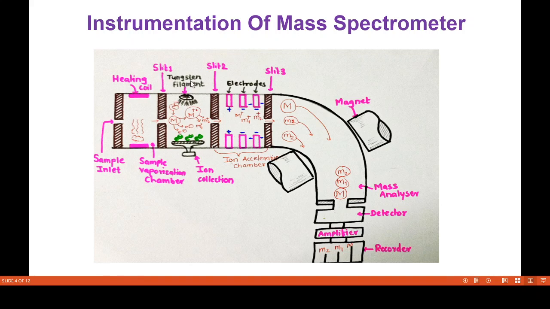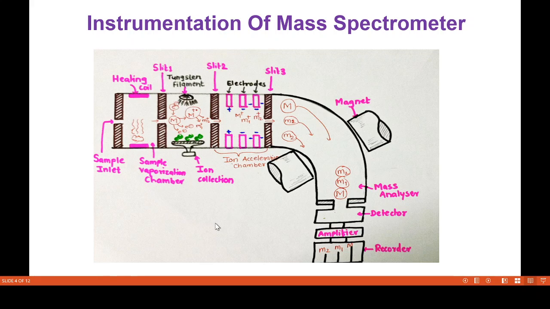Here the tungsten filament lamp is there. The next chamber is the ion acceleration chamber. In that, different electrodes are present. Then the next is the mass analyzer. These are the magnets. Then this one is the detector, amplifier and recorder.